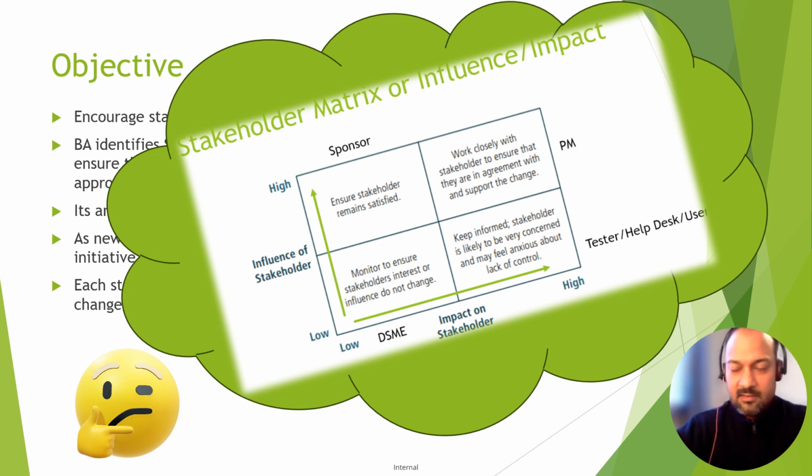So now I hope you remember this. This is very important from the examination point of view, because you have to understand it in a comprehensive way, so that when there are scenario-based questions, you are able to relate those four quadrants.